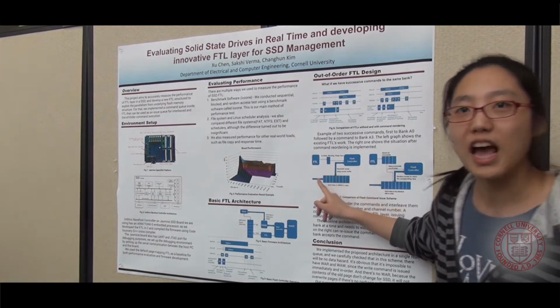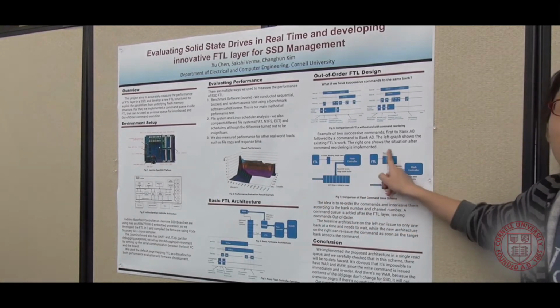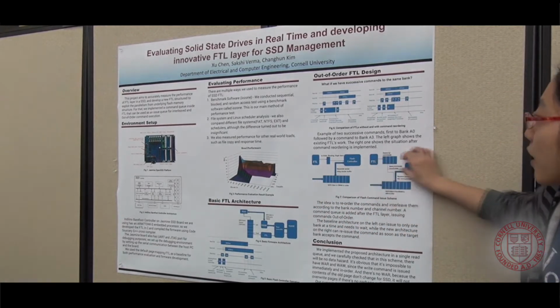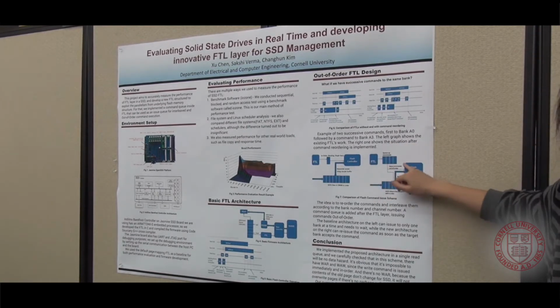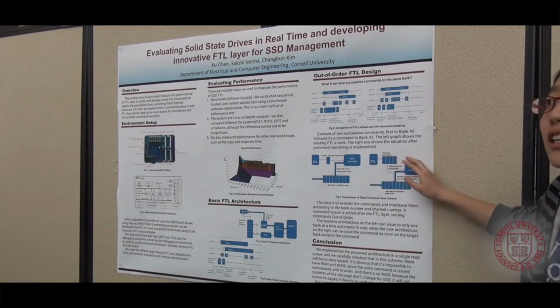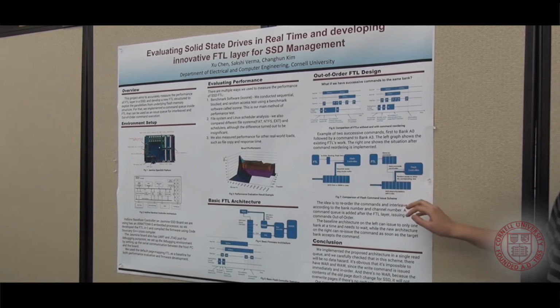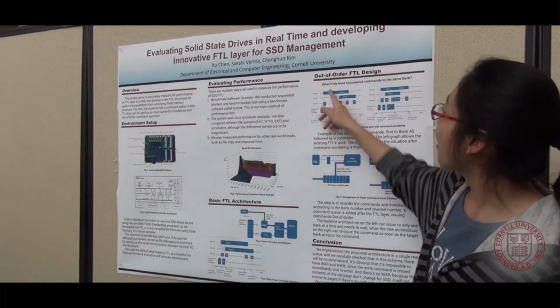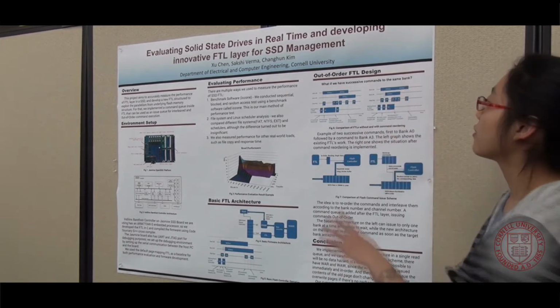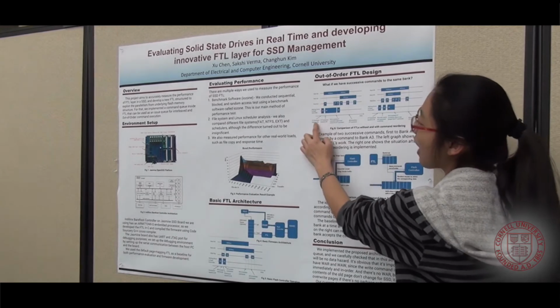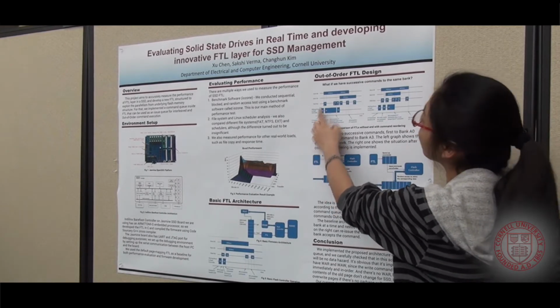What we have done is to enlarge the queue size to make it several entries in the queue, so that we can schedule it. We can make the issue out of order. Let's say in this scenario, what if we have successive commands to the same bank? Here we have the first command issued to A0.